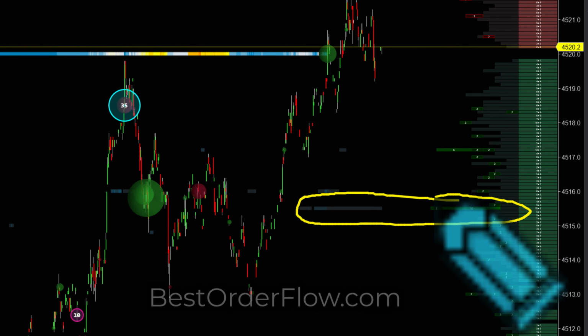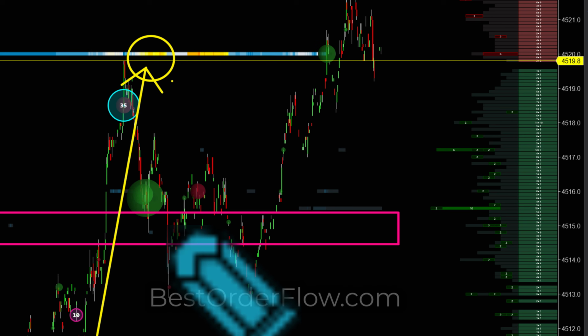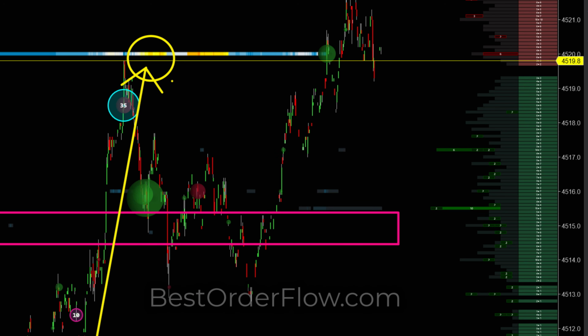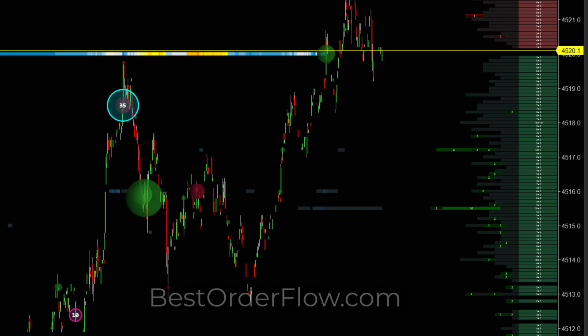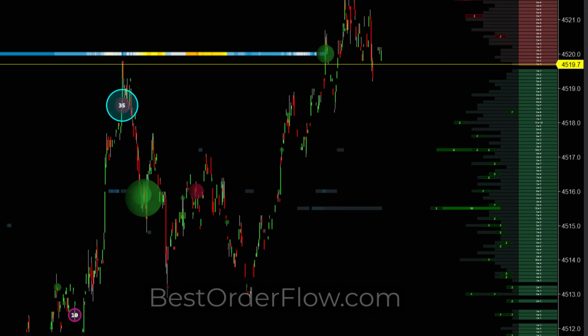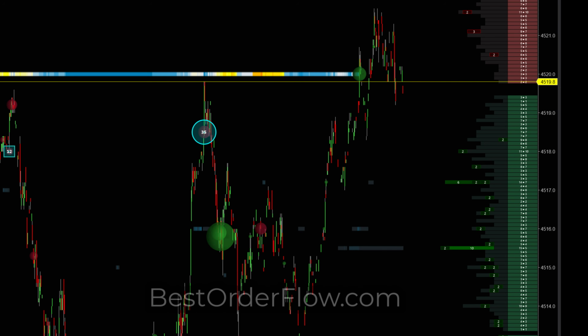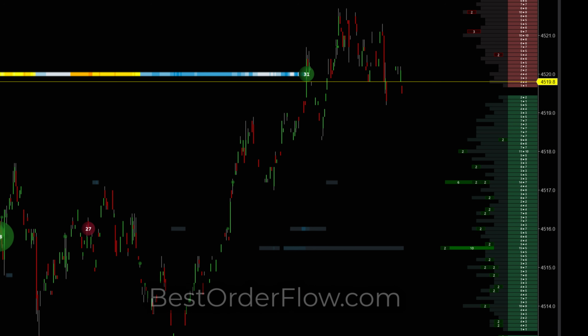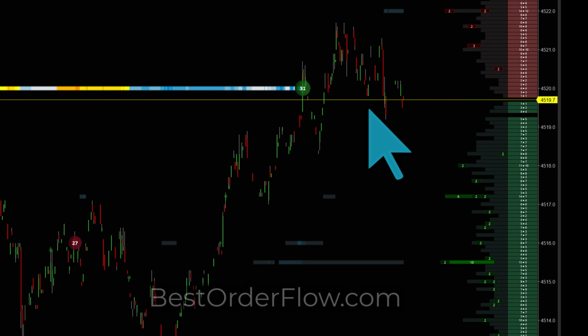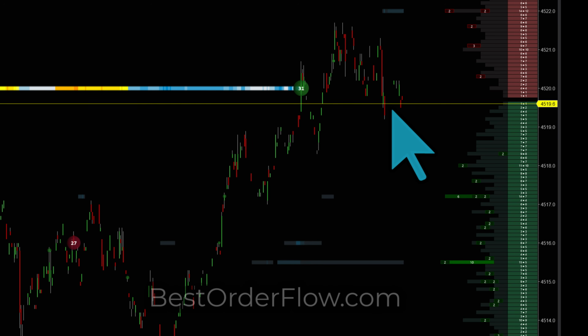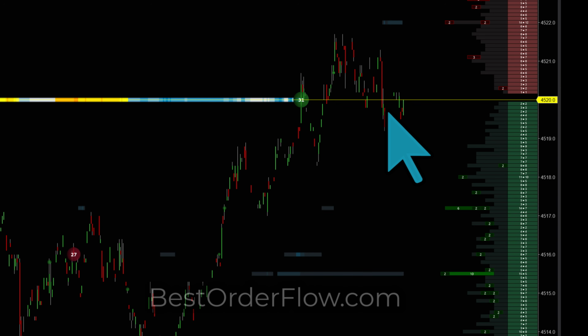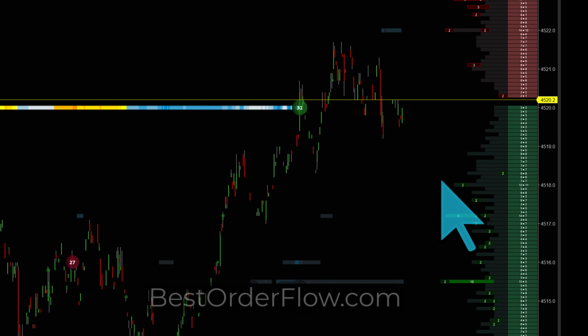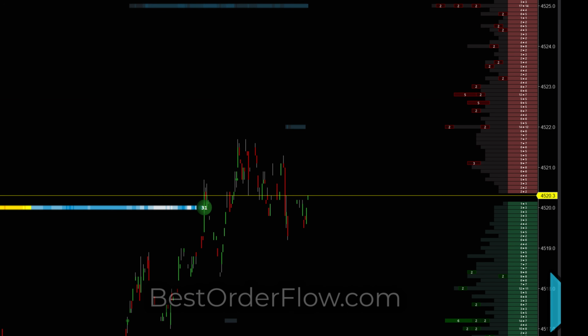This is the MBO DOM, and it's a beauty to have not just a heat map, but the MBO DOM as well on your chart, because the heat map shows historical information, historical liquidity, while if you're a scalper looking for a more precise entry, you would like to know what's going on right now. You would like to know if there's liquidity, or if there's a vacuum of liquidity.